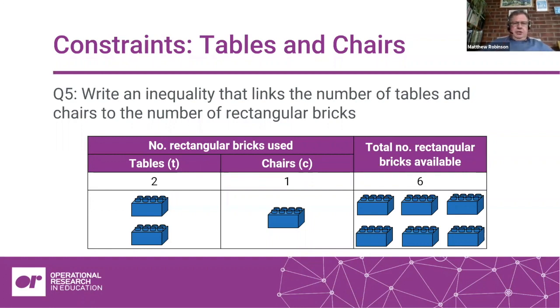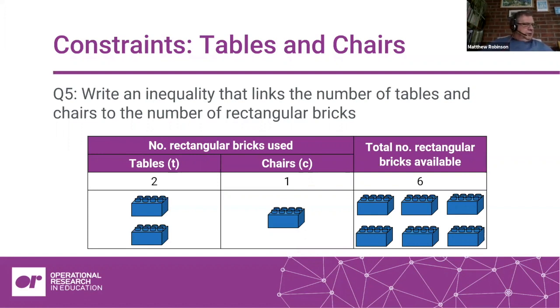For each of the chairs that we produce, we use 1 rectangular brick, and we have 6 of those in total. So T is the number of tables, and for each table we produce, we use 2 bricks, and C is the number of chairs produced, and we use 1 for each chair we produce.